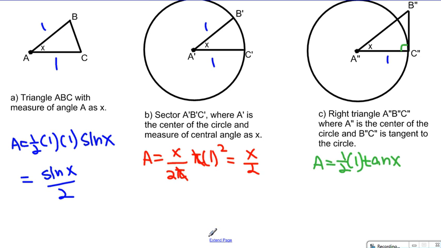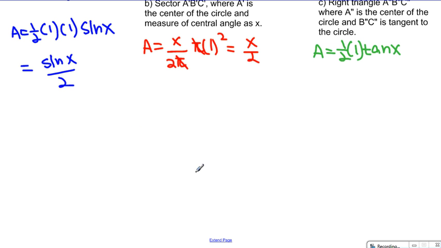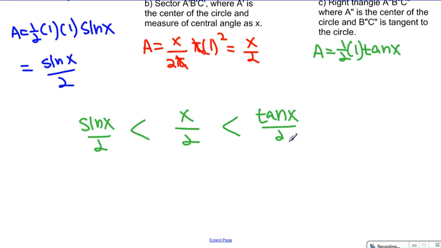One relationship which we can realize here is that sine of x over 2, which represented the area of the triangle, has to be a bit less than x over 2, the area of the sector, and tangent x over 2 would have been the biggest.